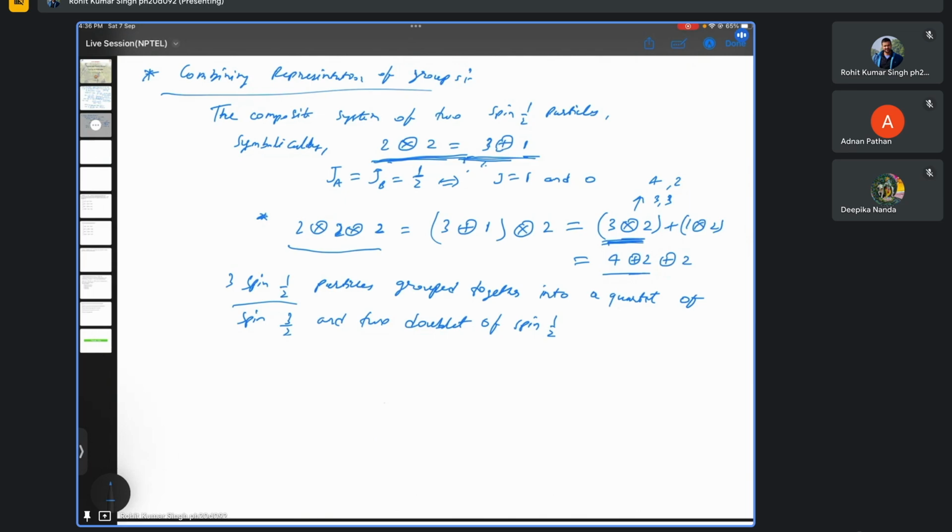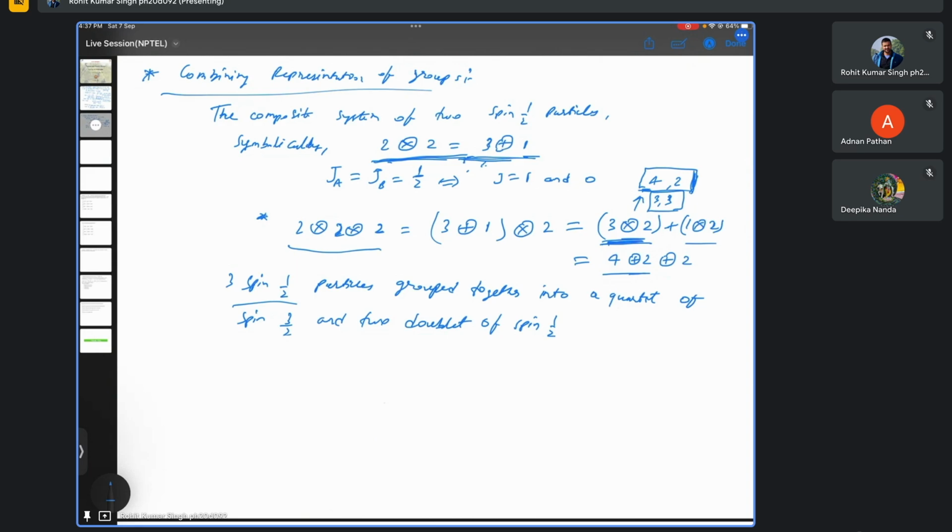Because in this case we have a doublet and a singlet, and then we are grouping, so it is fine, we have only one option. But since here we have two options, either 3 3 or 4 2, nature may prefer this one. But yeah, this is also allowed.